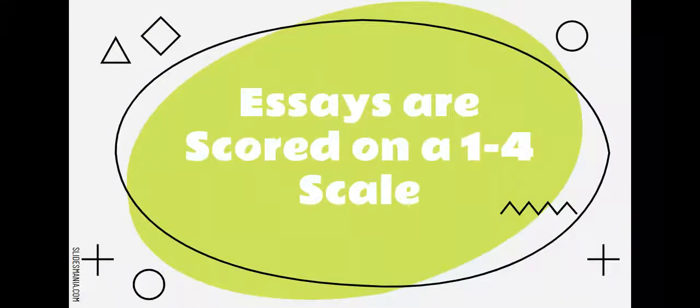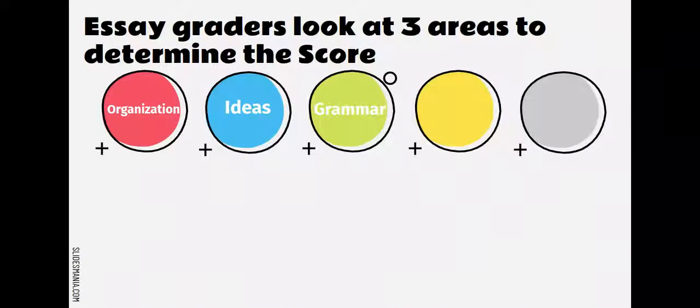Essays are scored on a scale of 1 to 4, and the graders look at 3 areas to determine your score. Those 3 areas are organization, ideas, and grammar. For organization, the graders are going to look to make sure that your essay is clearly organized. And so that's why you need to make sure you have all 4 parts that we're going to go over today.